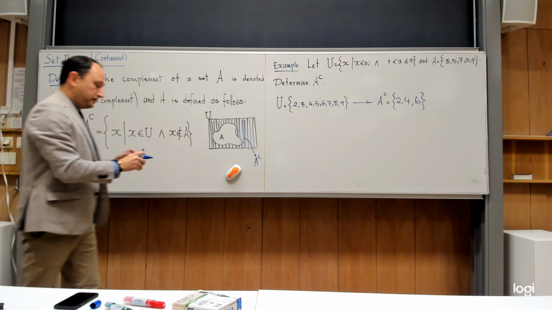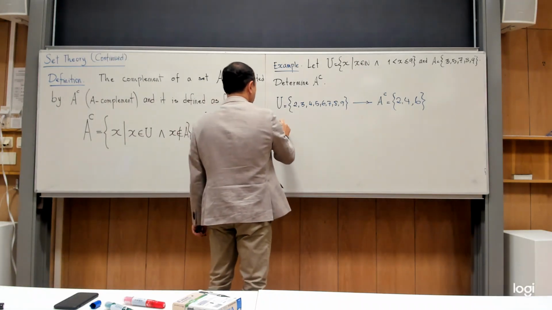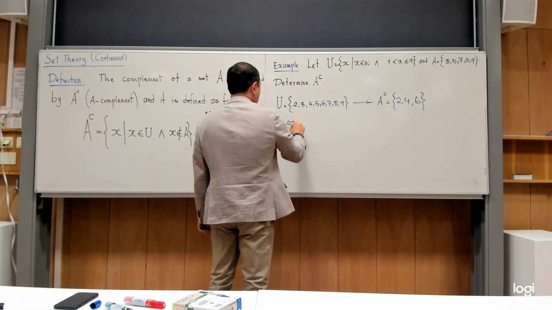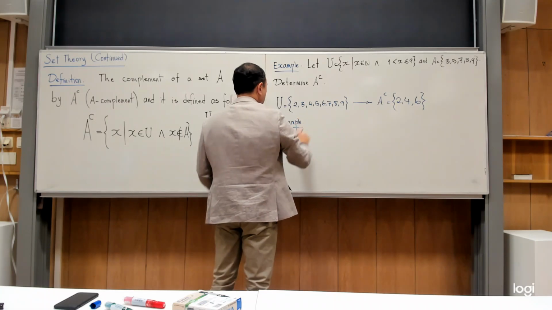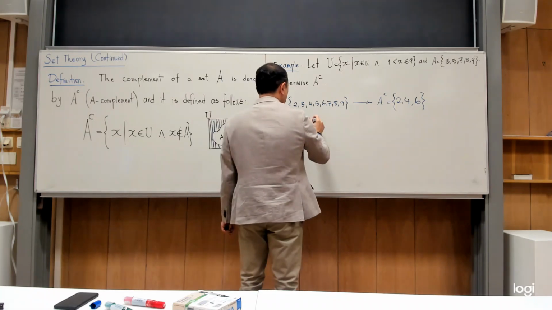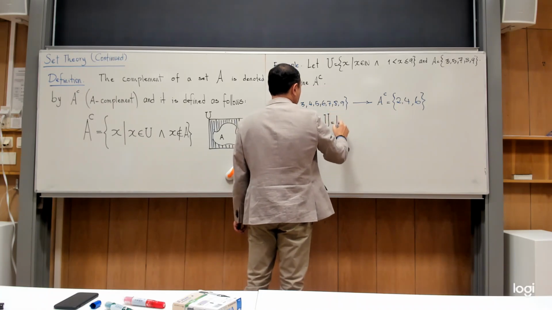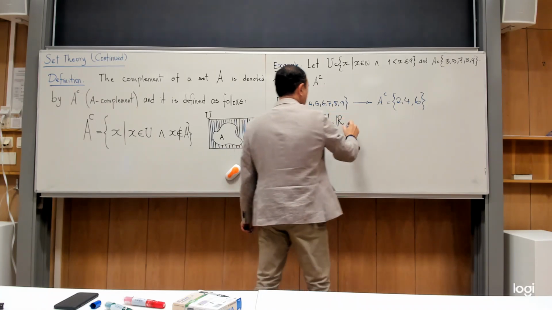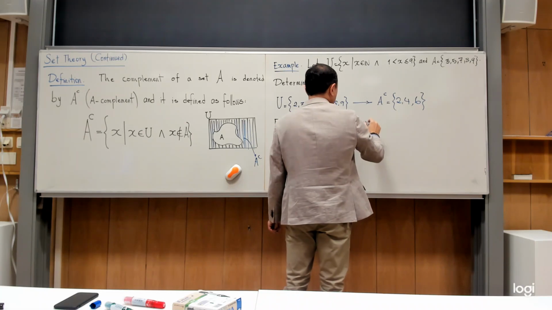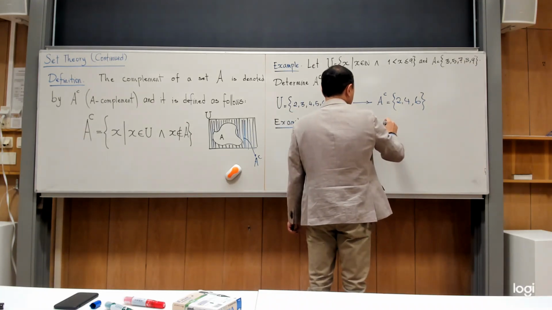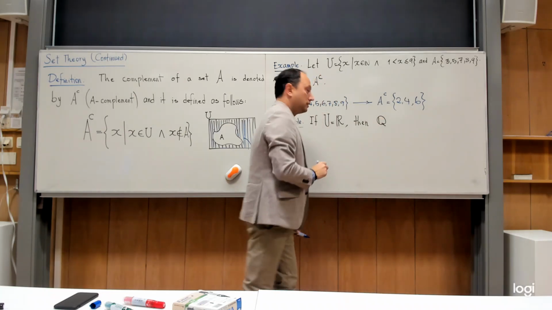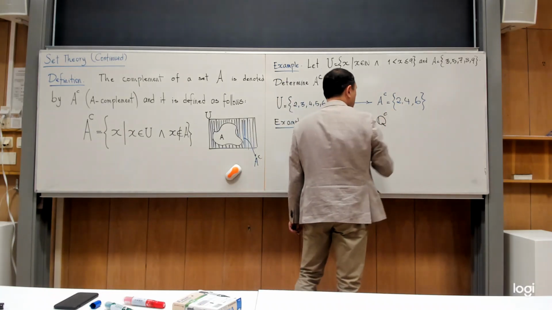For example, what do you think will happen if U is equal to R, and I ask you what is Q complement, where Q is the set of rational numbers?